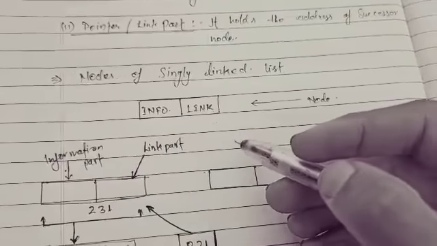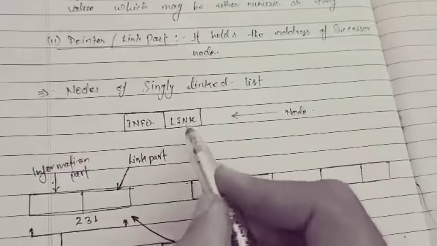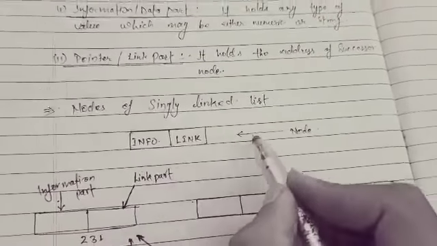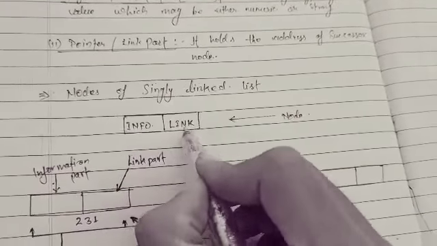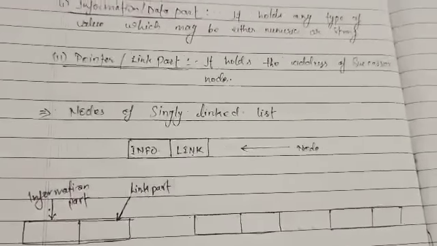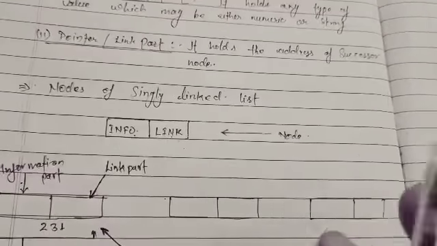Let's see what the nodes of the singly linked list are. So here it is a node. In the first part we put info, and in the second part we put link. Assume that this is a node of a singly linked list.